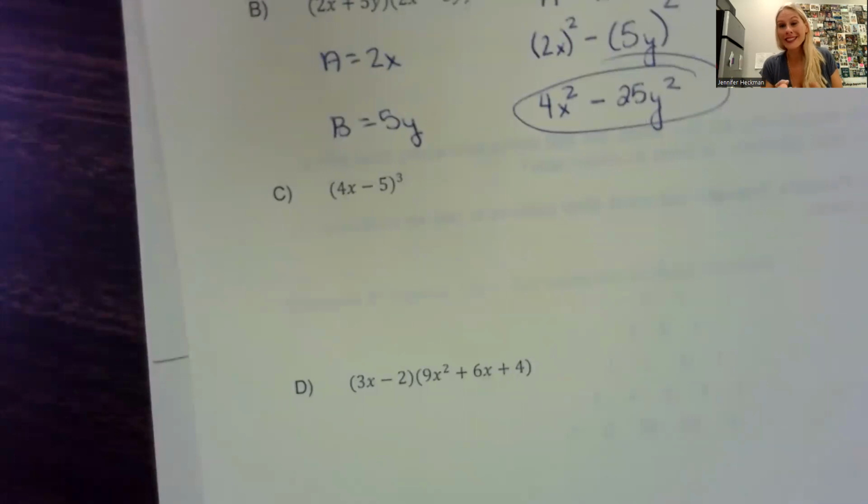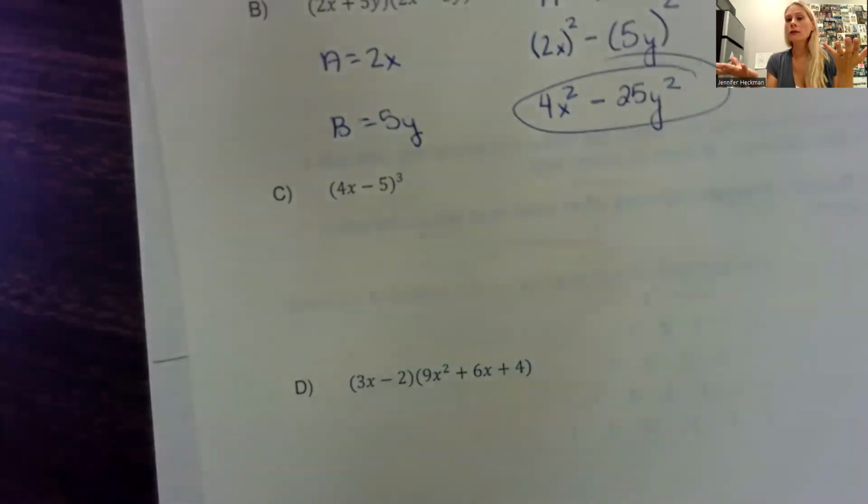Now, tricks. Anytime I have cubics, I like tricks for the fact that if I did the multiplication by box method, I would actually have to do it twice. I would have to go 4x minus 5 times 4x minus 5, and I get a result.